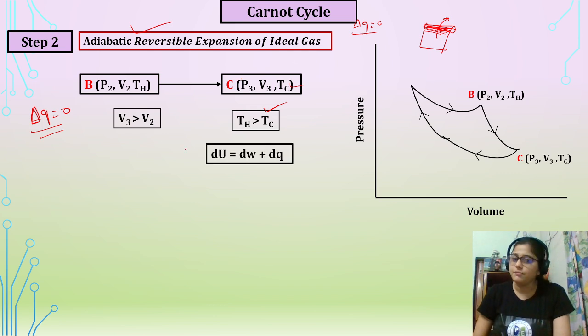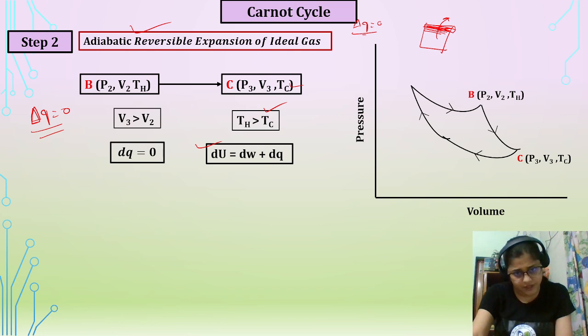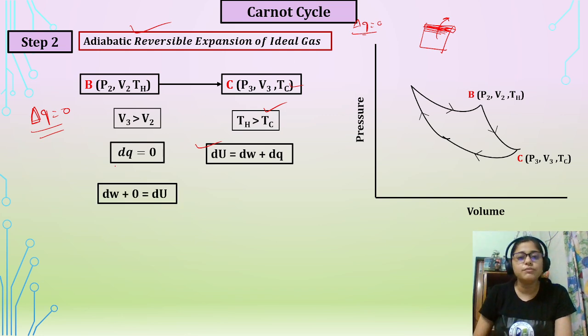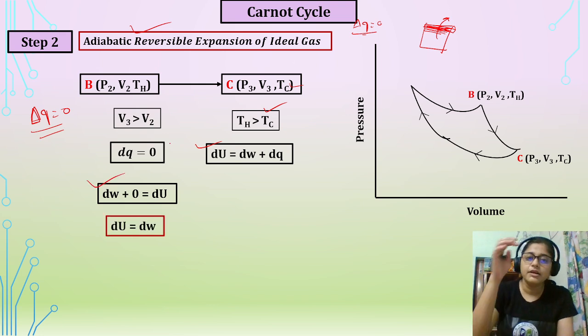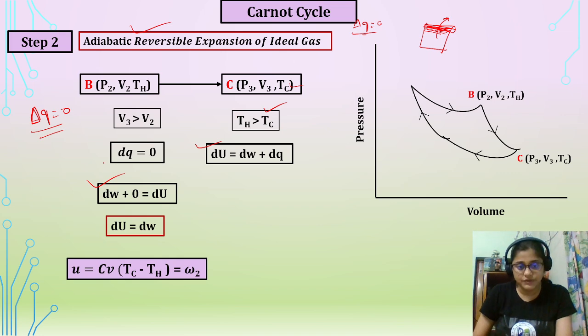Now from the first law we know dU equals dW plus dq, and here dq is 0. Obviously dU equals dW, right? Now we can write, as we know delta U is CV dT, and here obviously the temperature is changed, not constant.